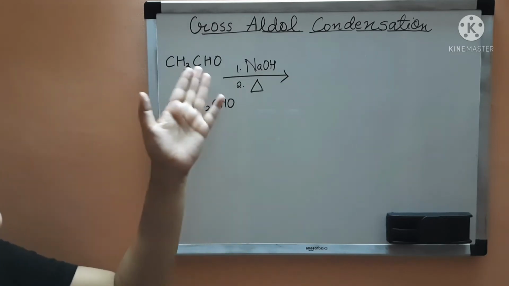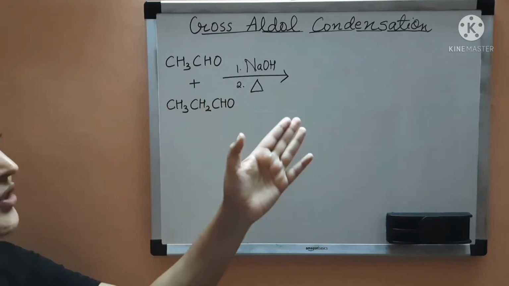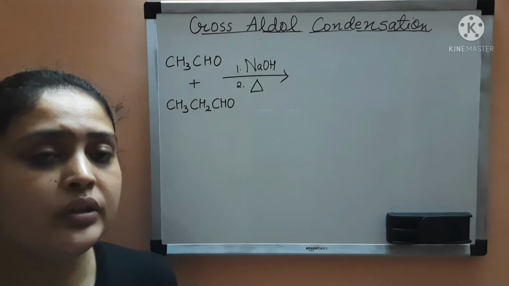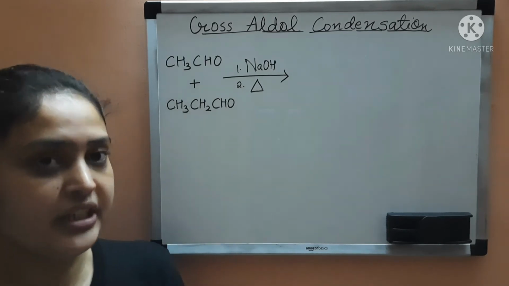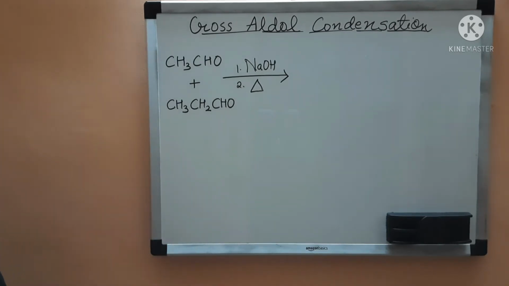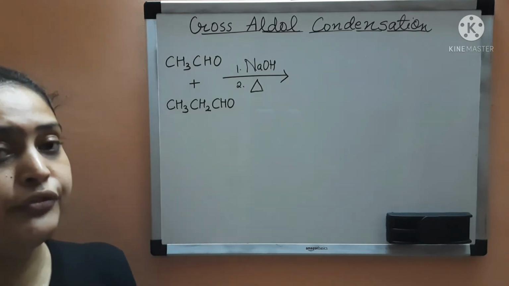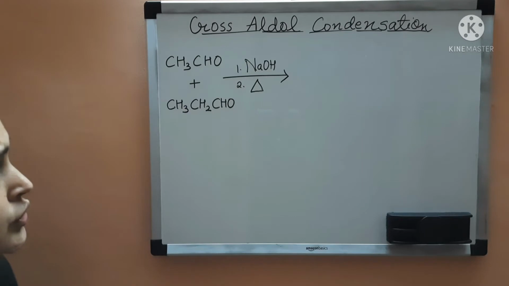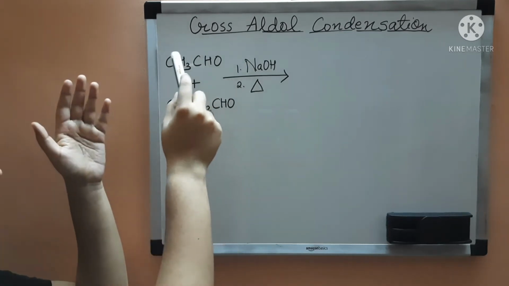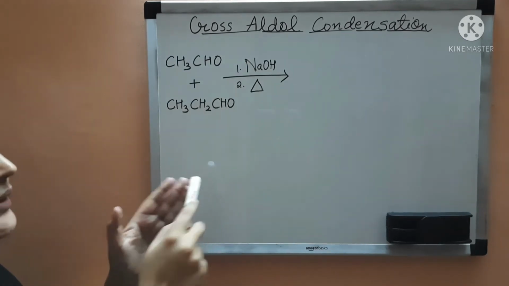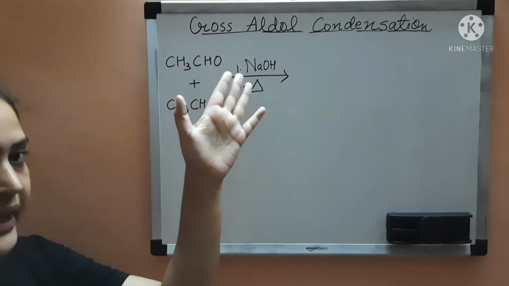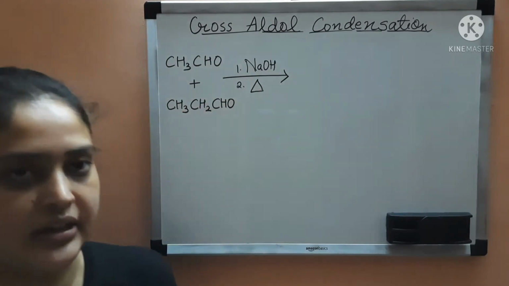But here, as the name suggests, it is cross-aldol condensation, so we will be using two different aldehydes or two different ketones. If both of them have alpha hydrogen atoms, then there will be four products. Also, if an aldehyde reacts with a ketone, then it is also known as a cross-aldol condensation reaction.